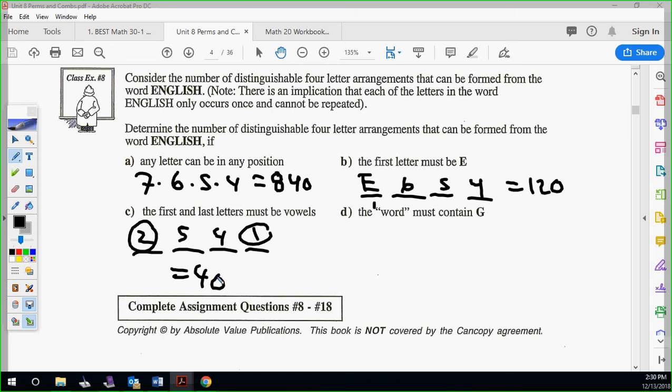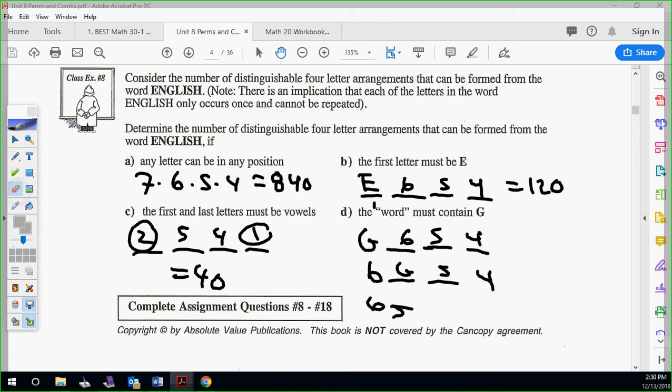The word must contain a G. So whatever you grab out, you must have a G in it. So that would be G, 6, 5, 4, or 6, G, 5, 4, 6, 5, and so on. I'm writing all the combinations. You don't have to do this. I'm just trying to show you the illustration.